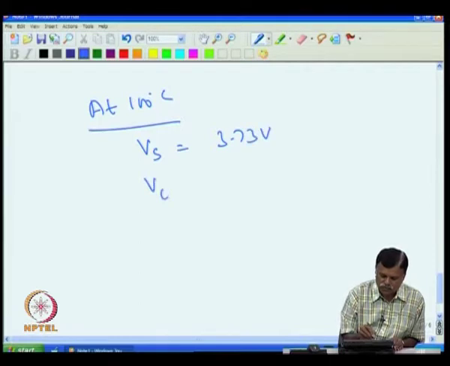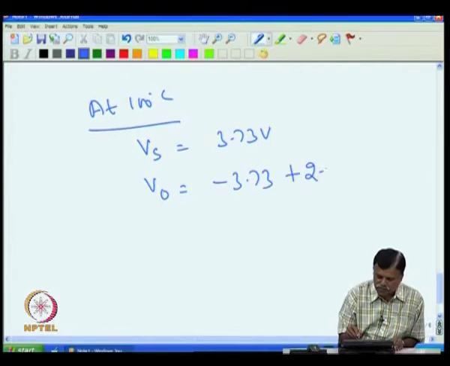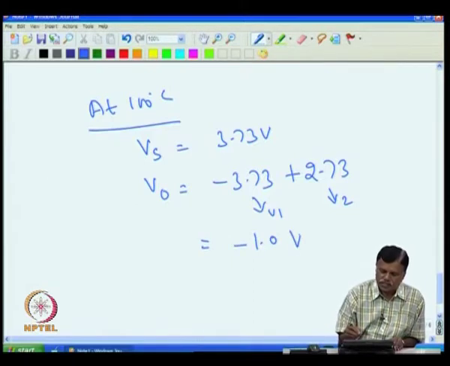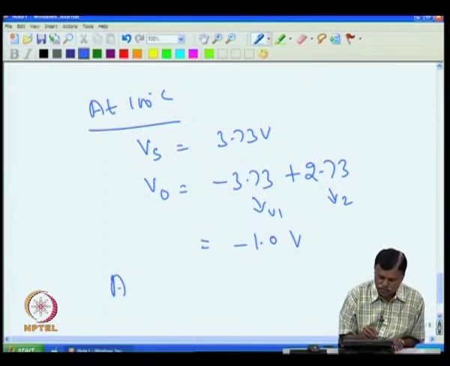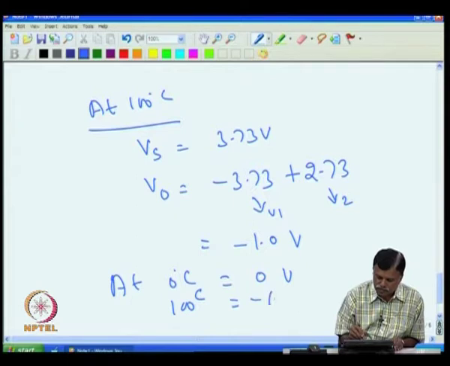So, V output will be minus 3.73, then plus 2.73 due to V2. So, this is due to V1, this is due to V2, and the net output voltage is minus 1 volt. So, at 100 degree C it will show minus 1 volt. Right now, we need not worry about this minus sign, but it serves the purpose. At 0 degree C it will give me 0 volt, at 100 degree C it will give me minus 1 volt.